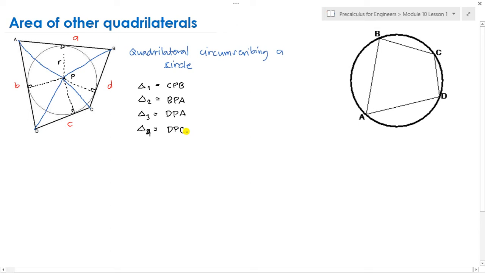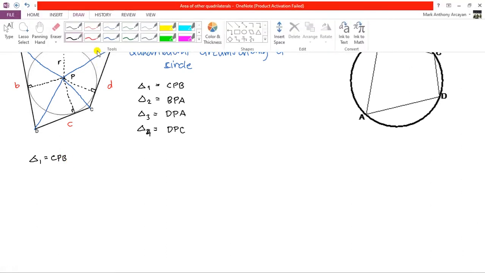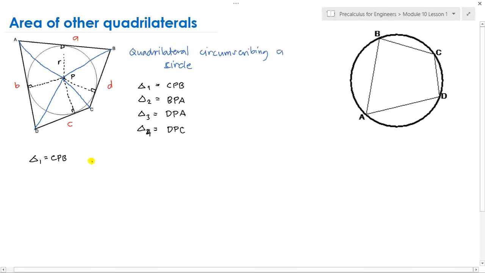Here, we will take each triangle one by one. Let's start with the first triangle, triangle number 1, that is CPB. Let's extract its shape.